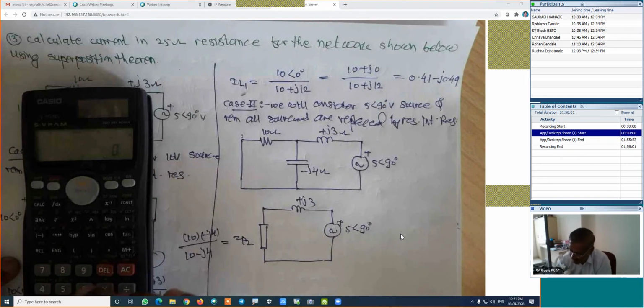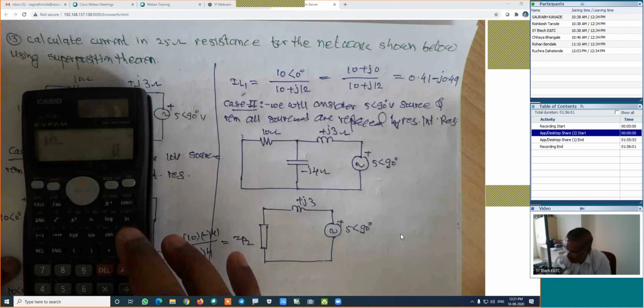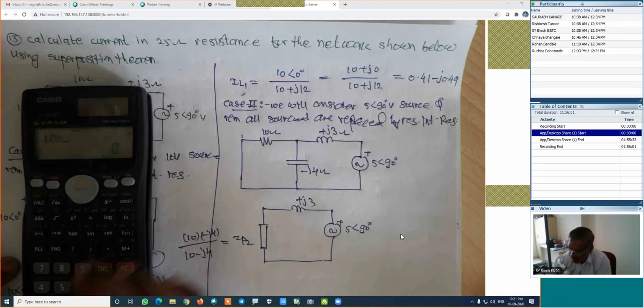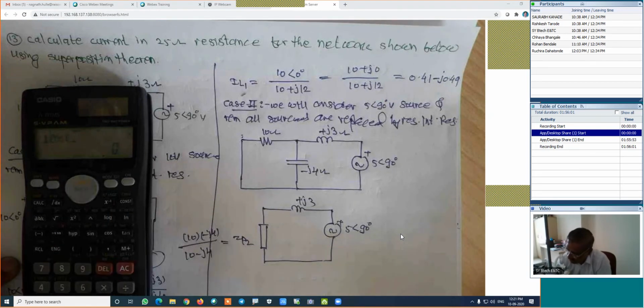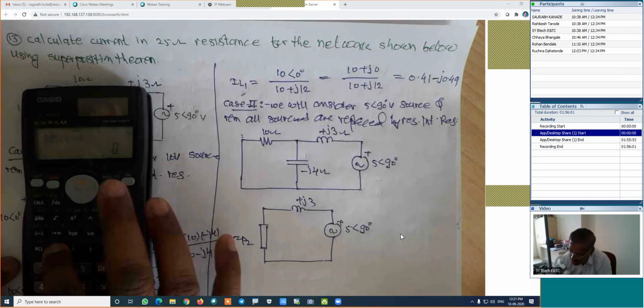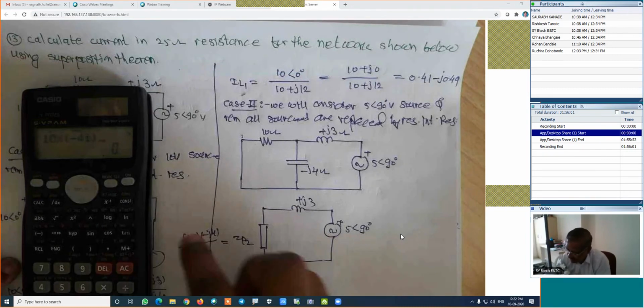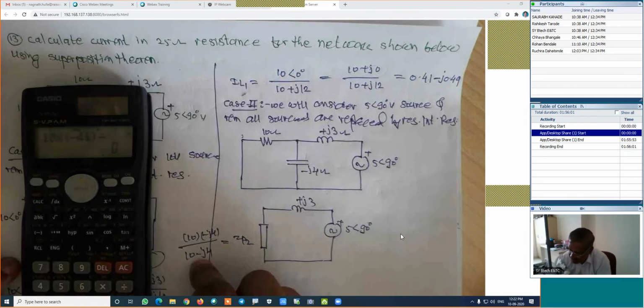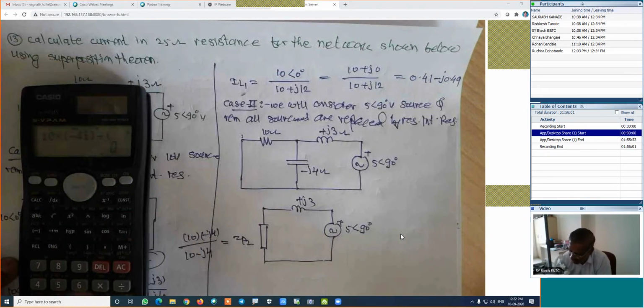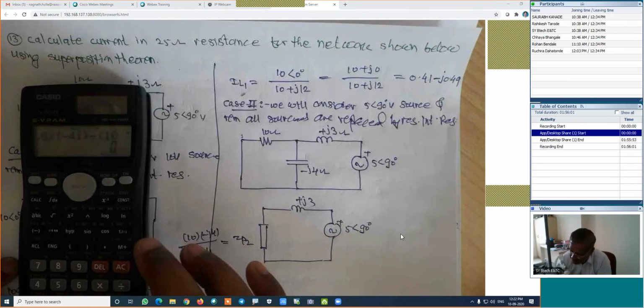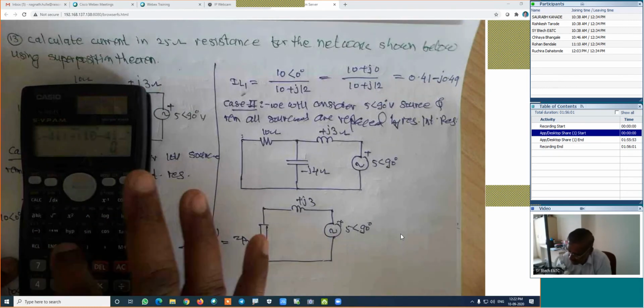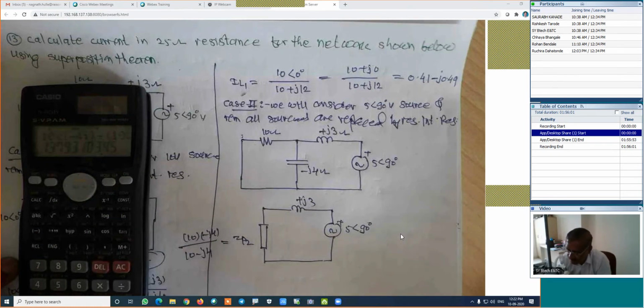It is 10 into, in bracket, minus 4i. I will close the bracket. This multiplication divided by this value in the bracket, 10 minus 4i, close the bracket, is equal to.